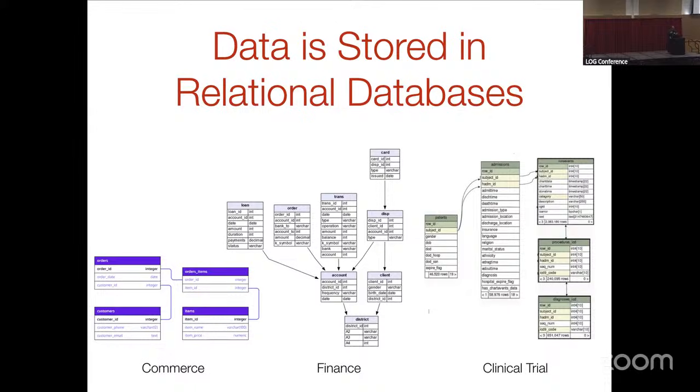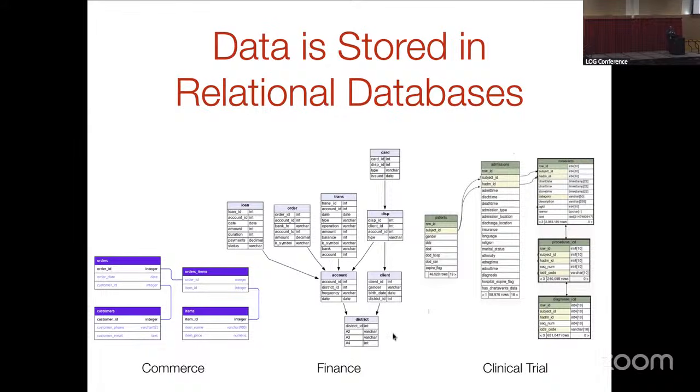There are several examples where this data can be found. For example, in e-commerce networks, certain information can be stored in tables of customers, tables of items, and tables of orders that connect customers and items. So you see here, we have different tables, and these tables are interlinked via primary-foreign keys.